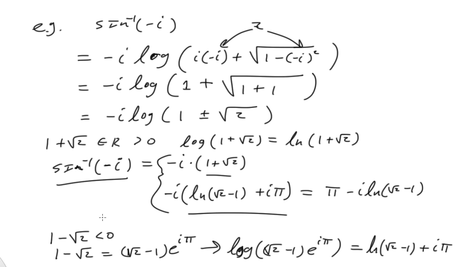But the idea here is that we're taking an inverse, and anytime you have an inverse, if you have some function of z and it goes to some w, and then I want to find out what z could possibly produce that w, there could be more than one value.